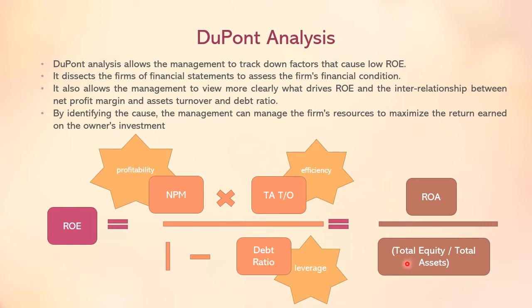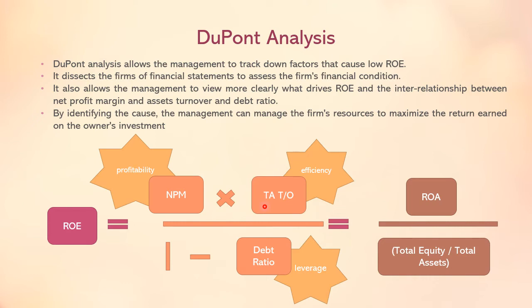So if the question asks you, based on Dupont analysis, what can the management do to increase ROE? You discuss along the line: the company must increase their net profit margin, or increase their profitability.